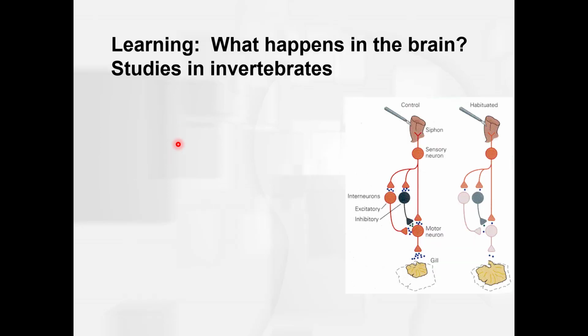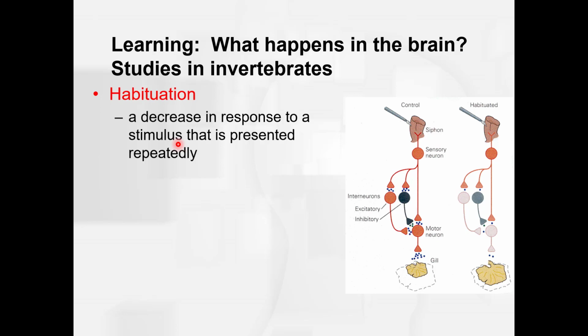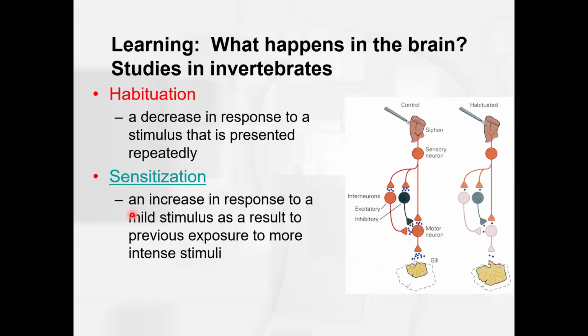So I just want to help you understand why it's non-associative learning and not associative learning. When we look at aplysia, we talk about habituation, which is a decrease in a response to a stimulus that is presented repeatedly, and sensitization, which is an increase in response to a mild stimulus as a result of previous exposure.